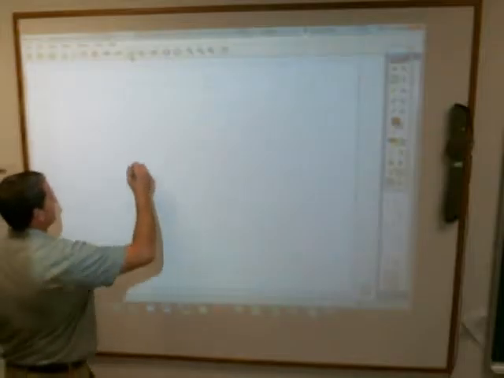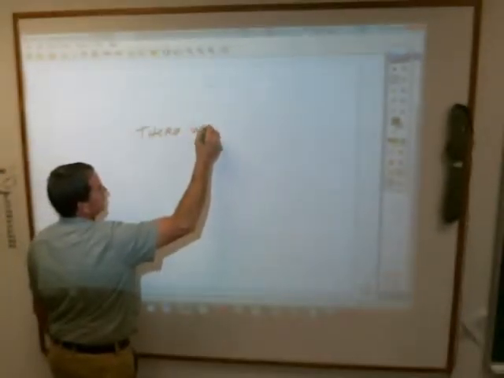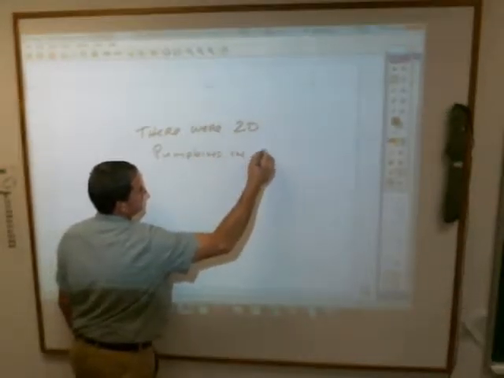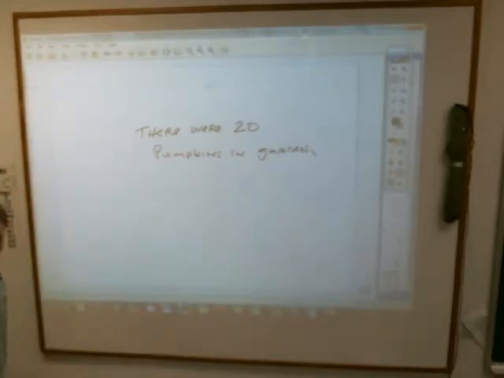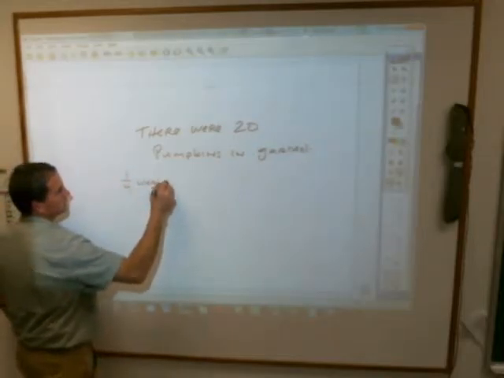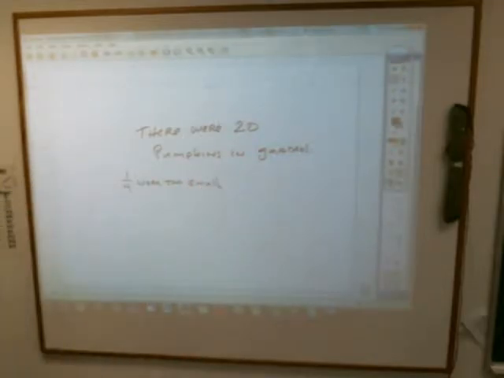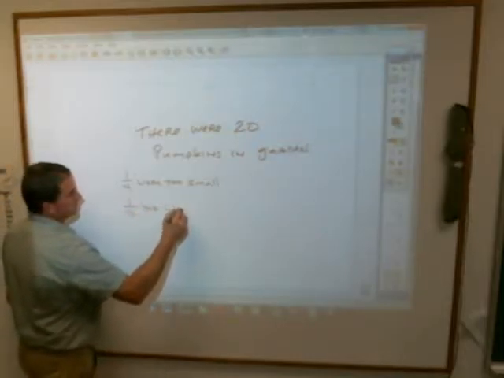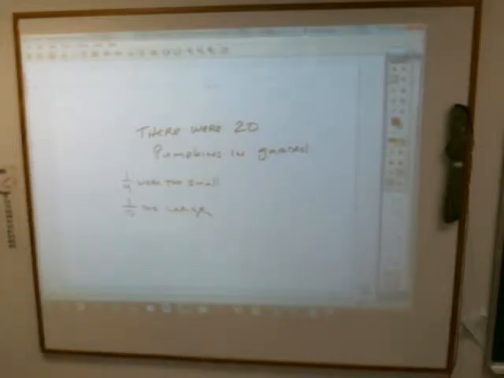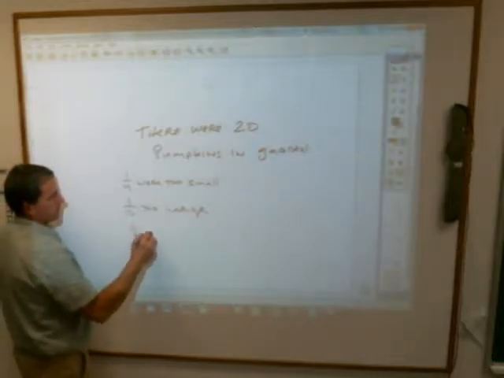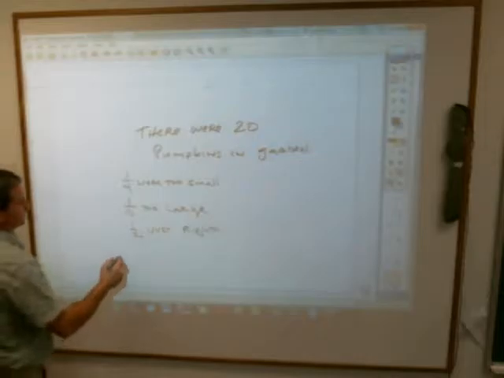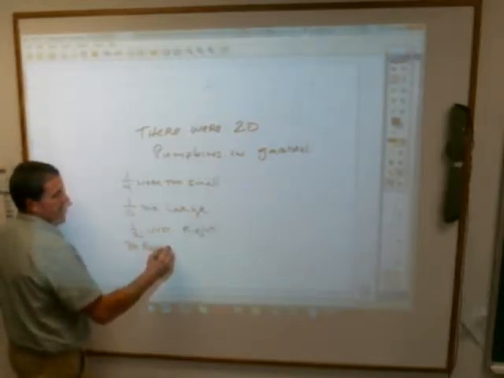There were 20 pumpkins in the garden. 1/4 were too small. 1/10 were too large. 1/2 were just right. And the rest were not yet right.